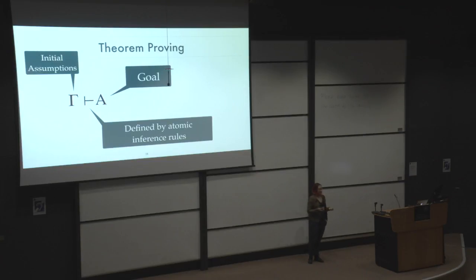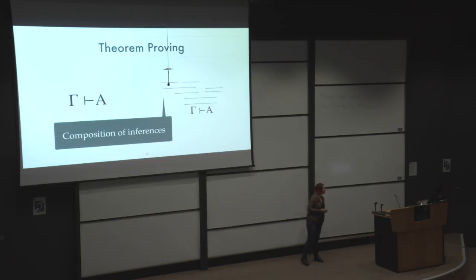Then you supply 2 other pieces: your set of initial assumptions and your goal. Given this input, what you get out is a proof, if one exists, which is a composition of the inferences that you had defined when defining your notion of consequence.